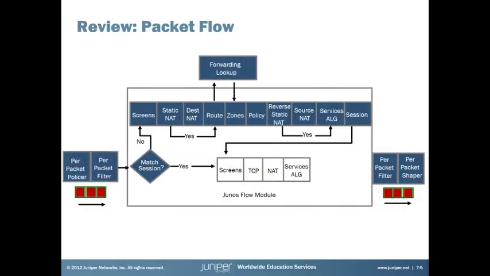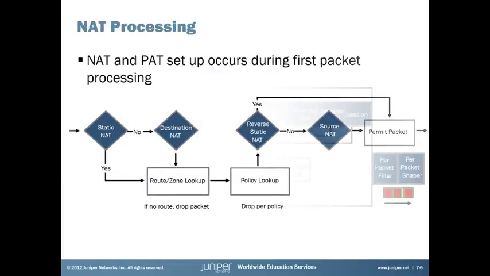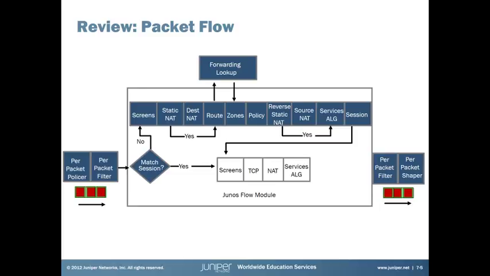Okay, so let's take a look at where this sits in the scheme of things. We've got static NAT sitting there, and we've got destination NATing. Both of those are happening before the route lookup. That's important because if we're going to be changing the destination address, we need to do that before we look up the route for the packet.